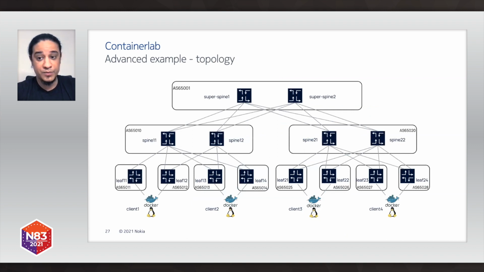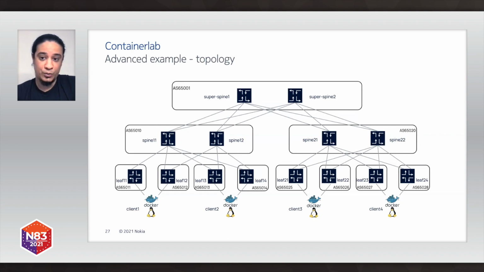So when it comes to the network topology itself, we have super spines, spines, and leaves. The super spines belong to the same BGP AS. Each pair of 2 spines has its own autonomous system, and each leaf is a separate autonomous system.